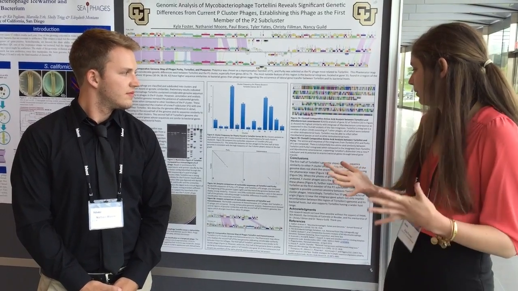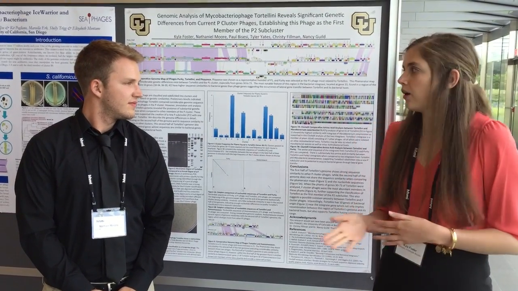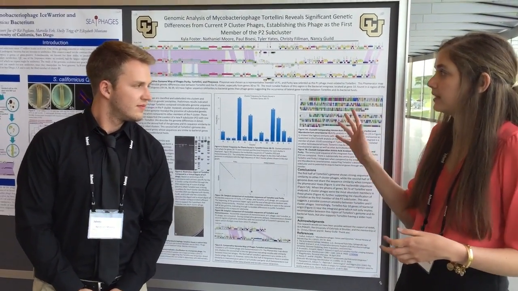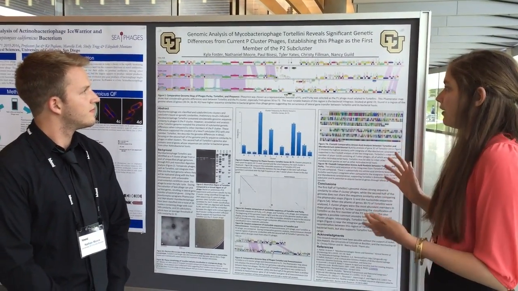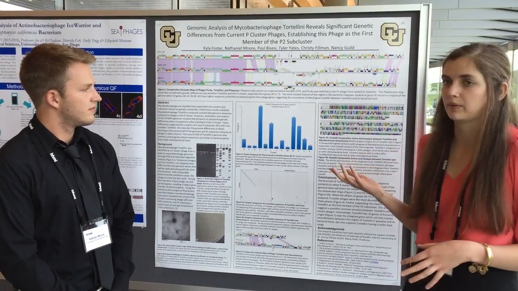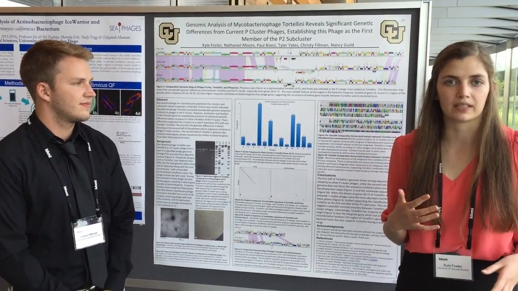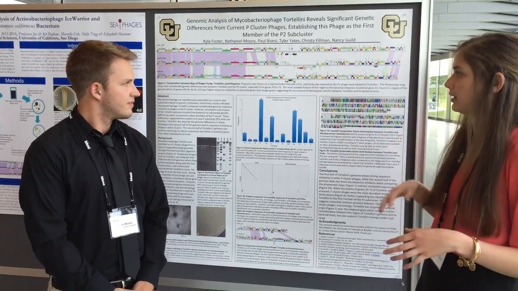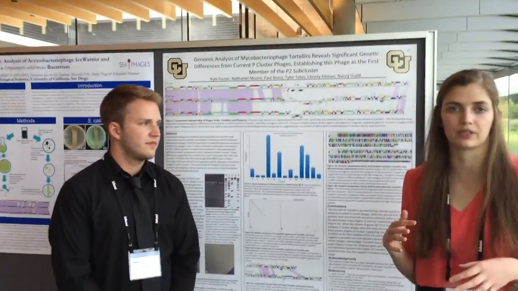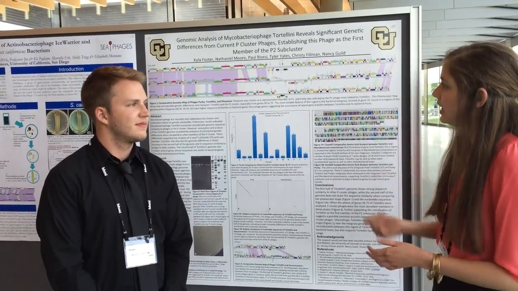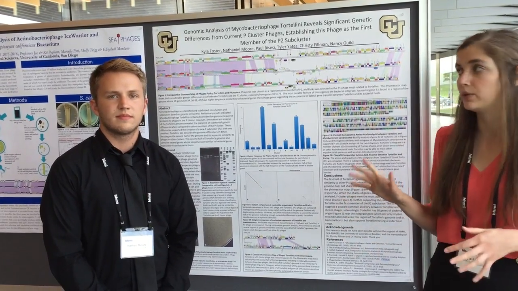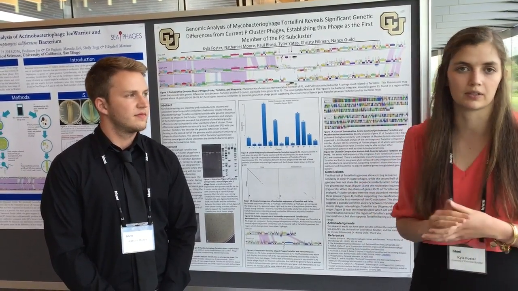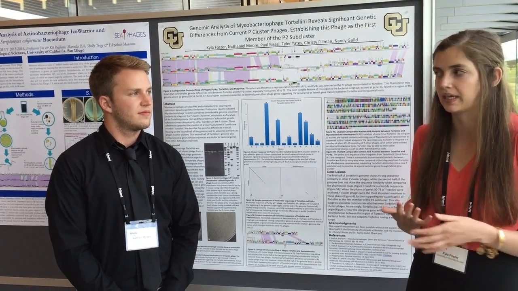And yeah, so what we can pull from all this is that although tortellini's genome had a high sequence similarity at the very beginning of the genome, in the back half of the genome there's strikingly little similarity, and upon further analysis we realized that there was in fact enough differences in the back half of tortellini's genome to justify the new establishment of the P2 subcluster to place tortellini in.